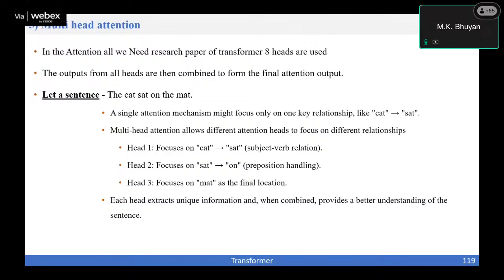Head number 3 focuses on "mat", the final location. So you can see how head 1, head 2 and head 3 correspond to this input sentence, and from this example you can understand why we need multiple attentions. In the original transformer paper, they considered 8 attention heads.